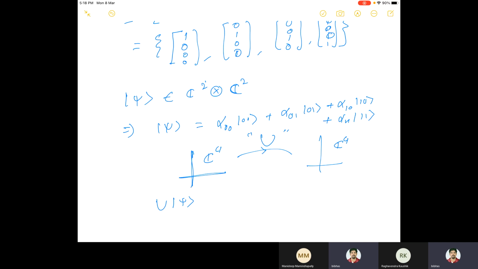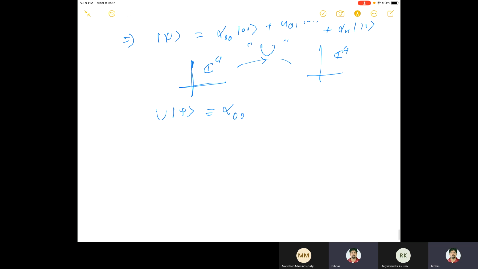alpha 00 U applied to 00, or instead of 00 I can just write 0. This 0 is different from the qubit 0, so this is a two qubit 0. Plus alpha 01 U applied to 1, plus alpha 10 U applied to 2, plus alpha 11 U applied to 3.